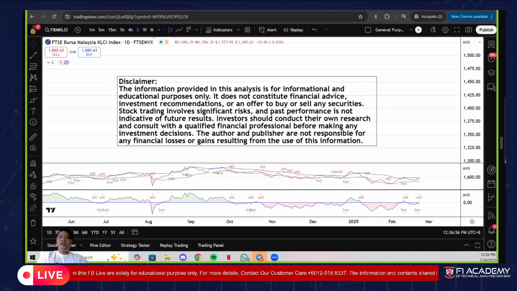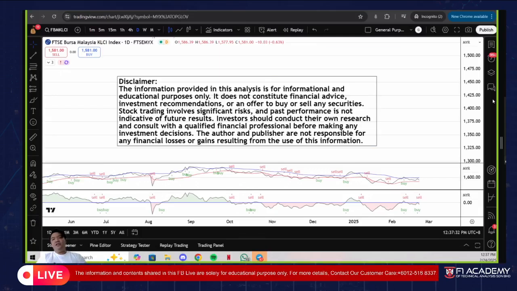Before I go too much into the details, here is a quick disclaimer, as you'll see on the screen. The information provided in this analysis is for informational and educational purposes only. It does not constitute financial advice, investment recommendations, or any offer to buy or sell any securities, stocks, and so on.